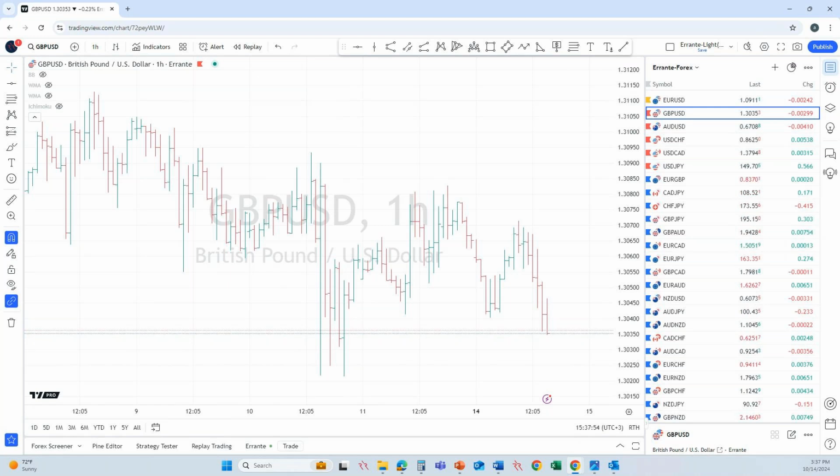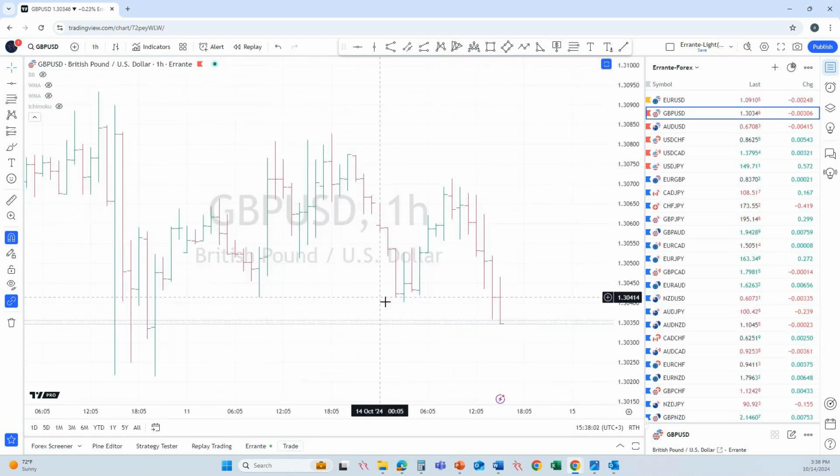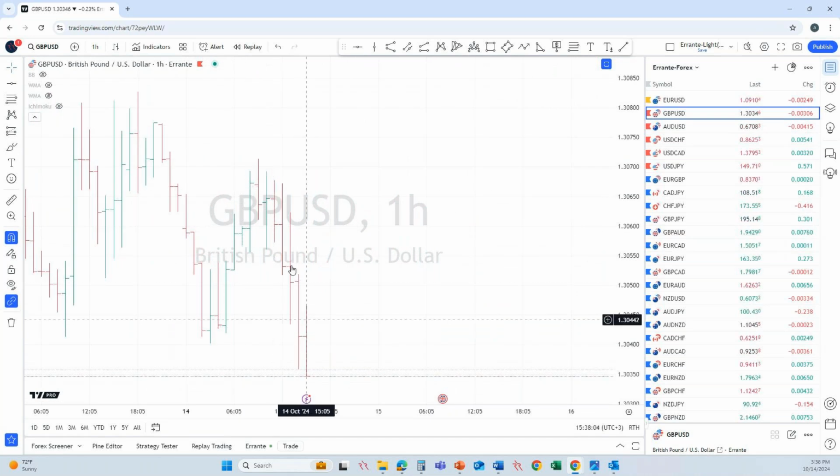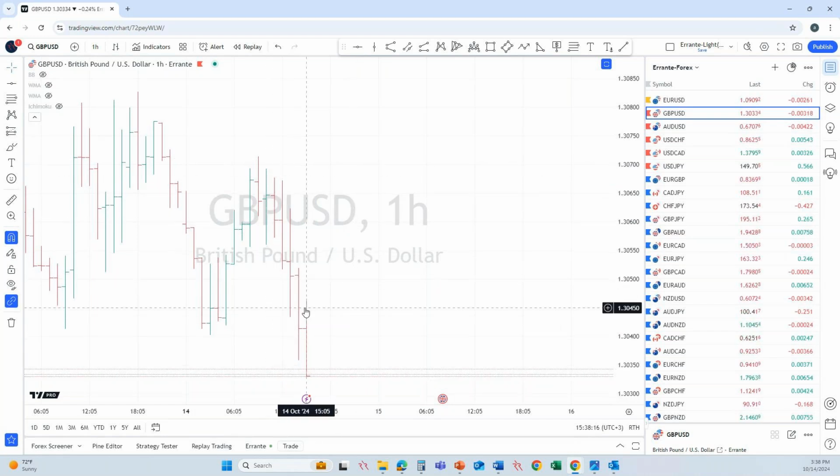Conversely, lower highs and lower lows are a sign of a downtrend. For example, you see here, when we have these red bars in order, which are all lower highs and lower lows, we can define these patterns as a downtrend.